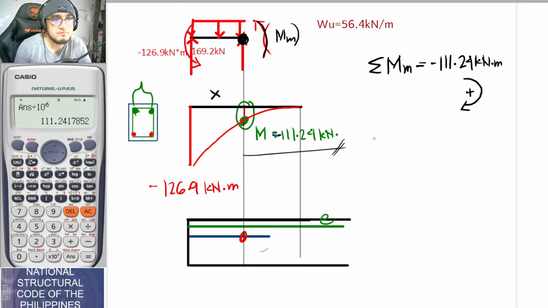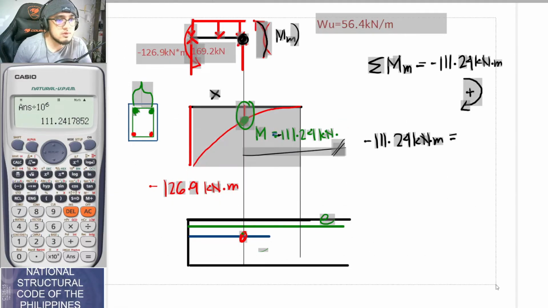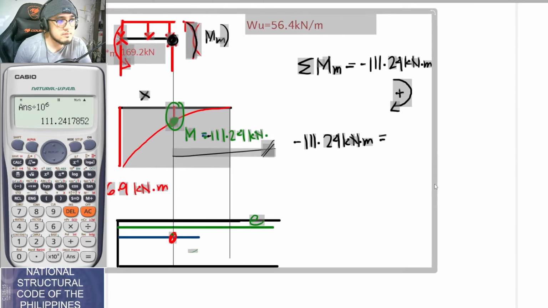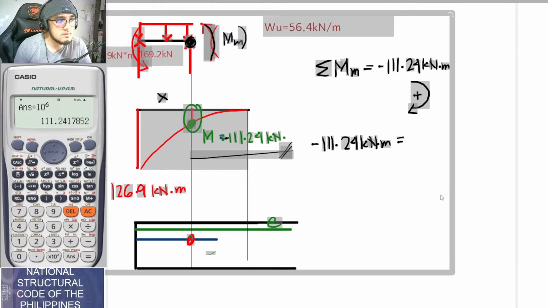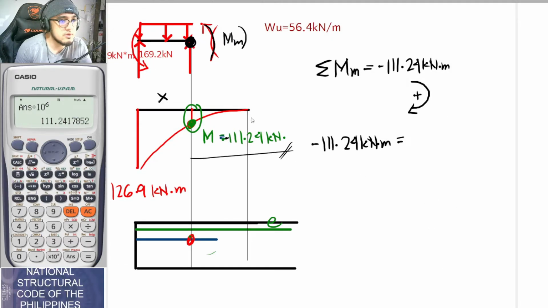So negative 111.24 kilonewton meter. So this should be equal to, we have no more space again. Let me just move all of this to the left. Okay, so this is the value for your moment.